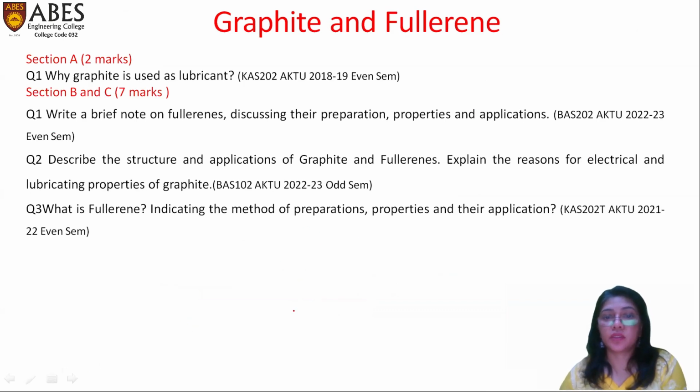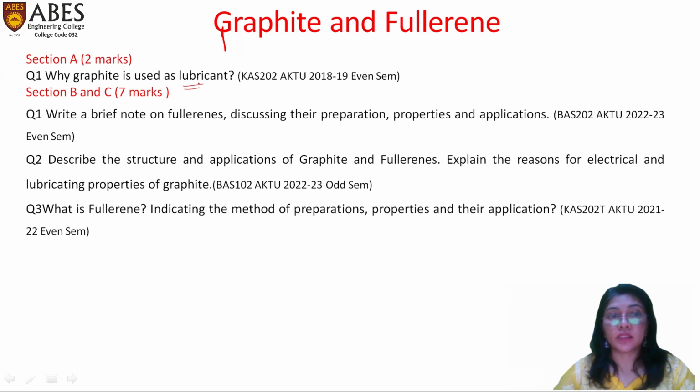Now, the next topic is graphite and fullerene. Section A: the question is why graphite is used as a lubricant. This topic has been discussed in lecture video 1, unit 1, ABES CETL video.